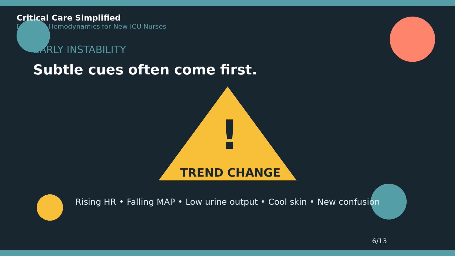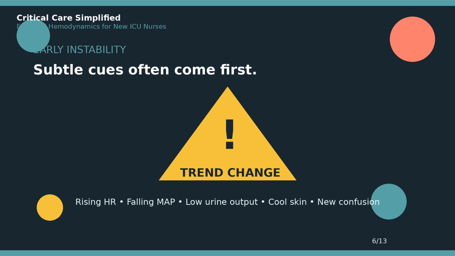It is most useful when considered with the patient's overall condition, trends, response to fluids, cardiac function, ventilator status, and physical assessment. When interpreting hemodynamic data, always ask, what is the trend? What changed? What else is happening? And does the patient look better, worse, or the same?